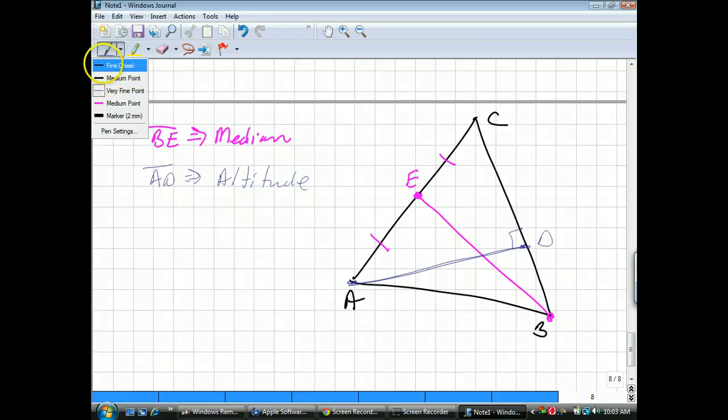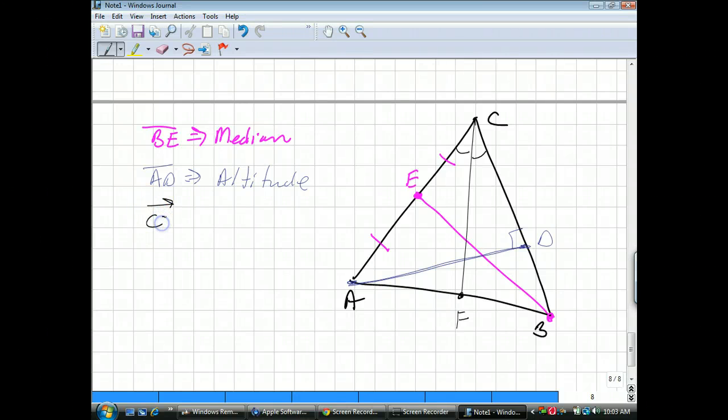And if I have segment CF, and I know that CF gives me angle ACF is congruent to angle BCF, then the best name for CF would be ray CF, would be a bisector of angle ACB.